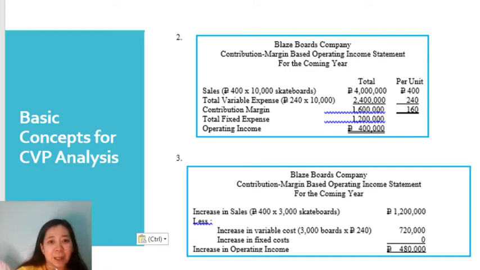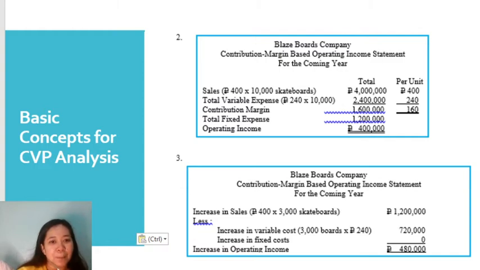What about our fixed expenses or costs? What have you noticed? It doesn't change. Again, this is the nature of fixed cost: regardless of the increase or the decrease in the number of production or sales, fixed cost will still remain within the relevant range.